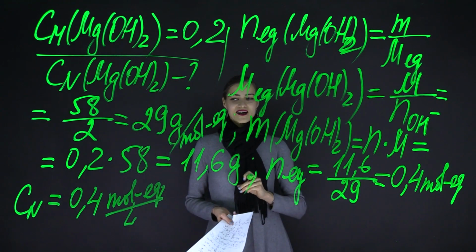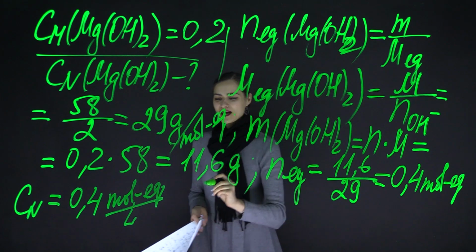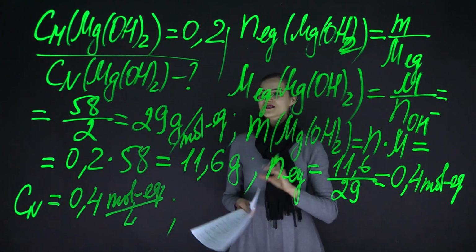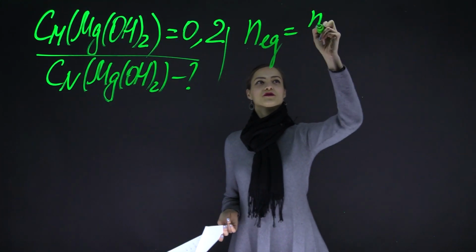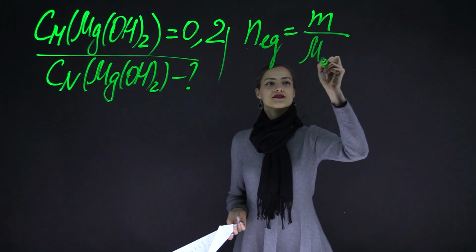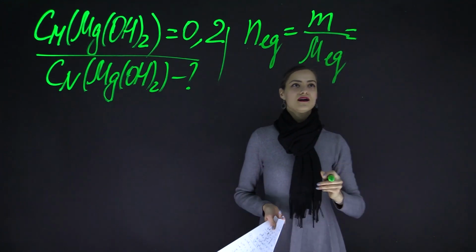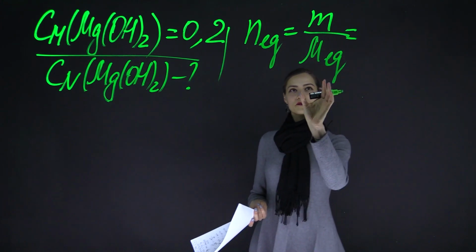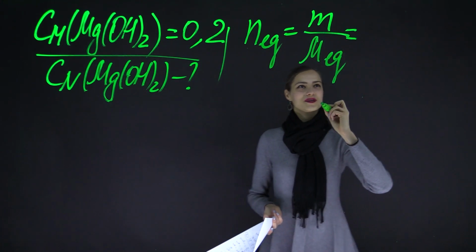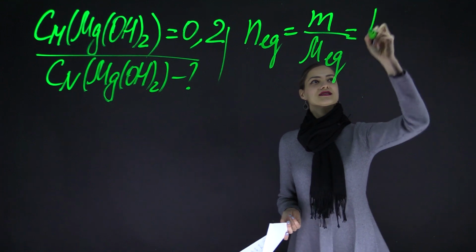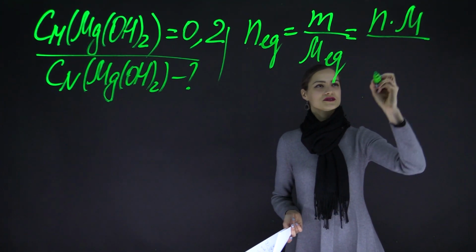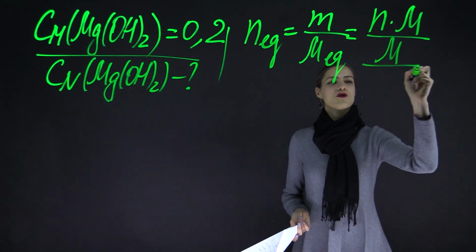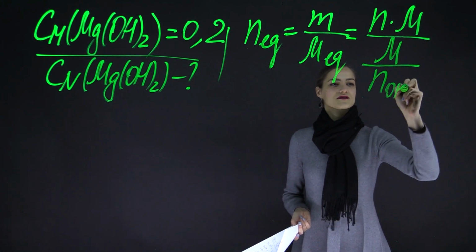But this is a long way. We can calculate it a bit shorter. As you remember, the number of equivalents is the ratio between mass and equivalent mass. Let's place the formulas for equivalent mass and mass exactly in this formula. What we have: mass is the number of moles multiplied by the molar mass, and equivalent mass is the molar mass over the number of hydroxyl groups.